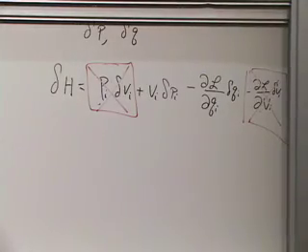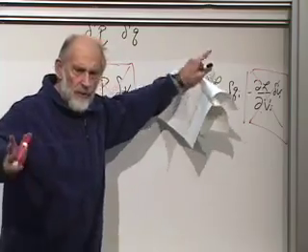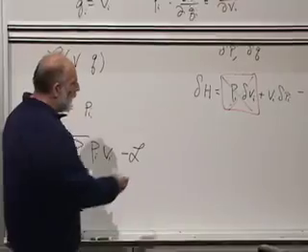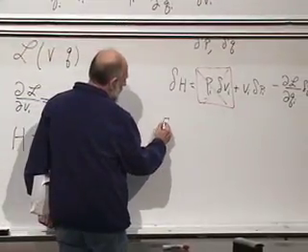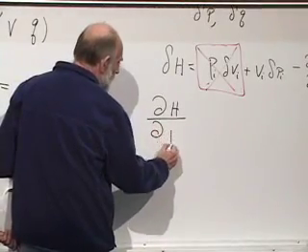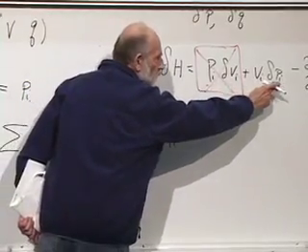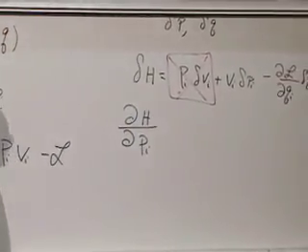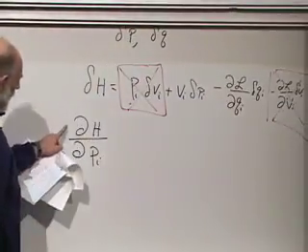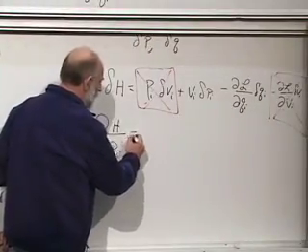The other two terms can't cancel each other. One involves delta p, the other involves delta q. Those are independent variations. They can't cancel each other. But what we can write down now is that the derivative of the Hamiltonian with respect to p sub I, that's a small change in H when you change p sub I a little bit, keeping q sub I fixed, dH by dp sub I, keeping the q's fixed, is just what?